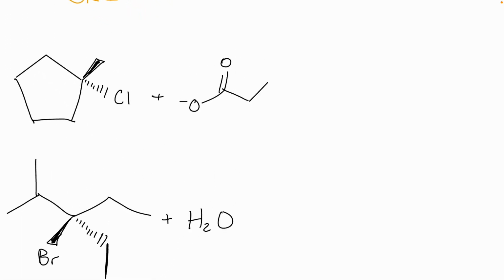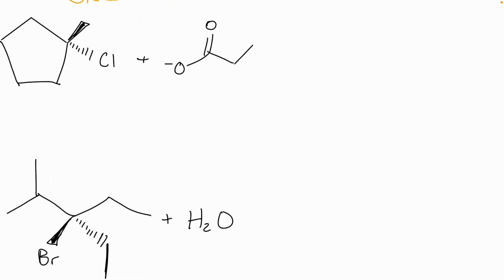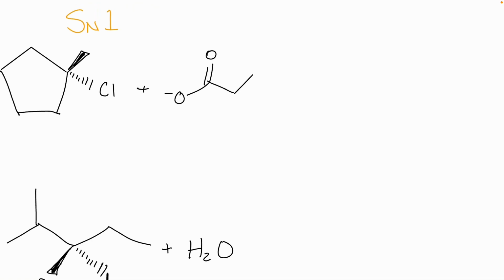So for this first one, let me make myself some more room here. Since this is an SN1 reaction, I'm going to have to draw two products. One of them where I don't do anything to these dashes and wedges, I'm just going to replace that chlorine with my nucleophile, my oxygen.